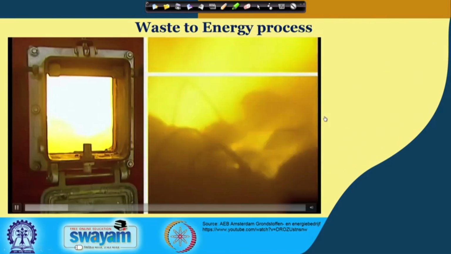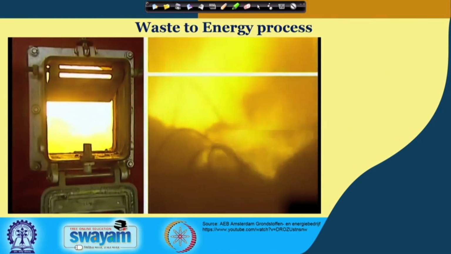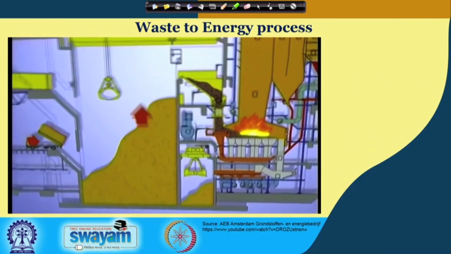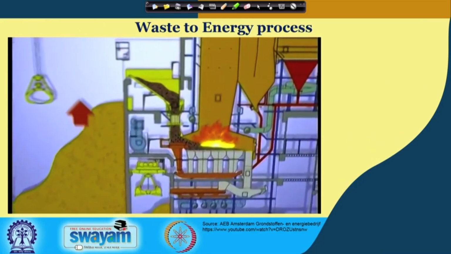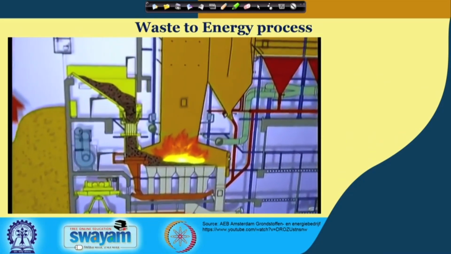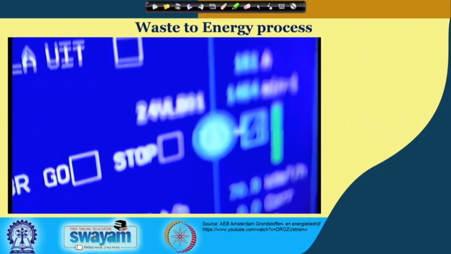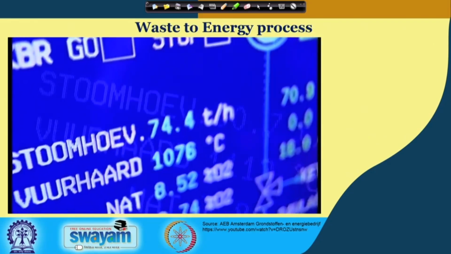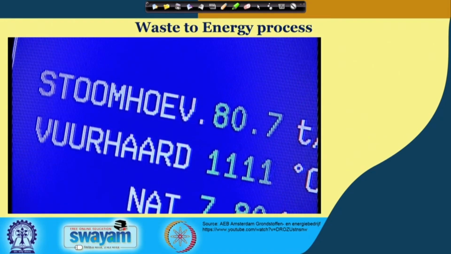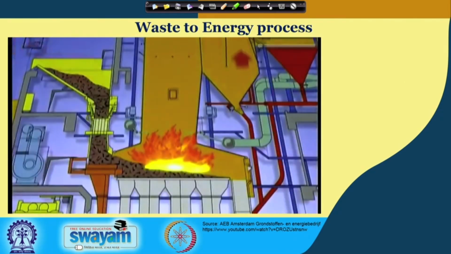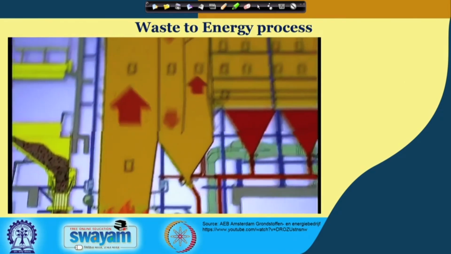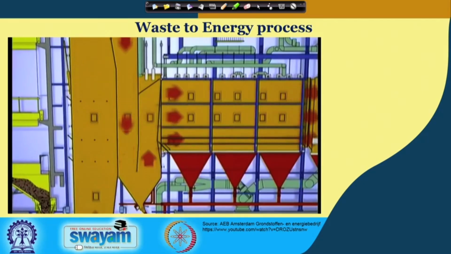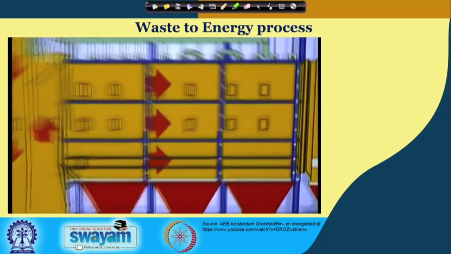The waste is incinerated on grates. This is a continuous process, 24 hours a day, 7 days a week. Temperatures range between 1000 and 1200 degrees Celsius. This heat is not wasted. It turns water in the furnace walls into steam.